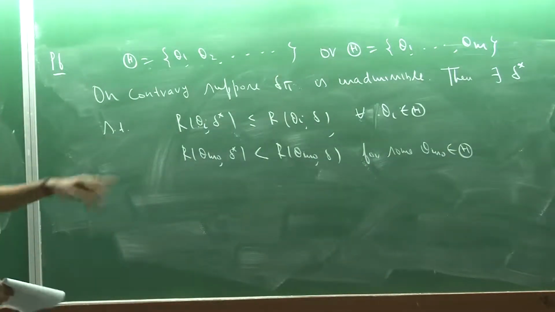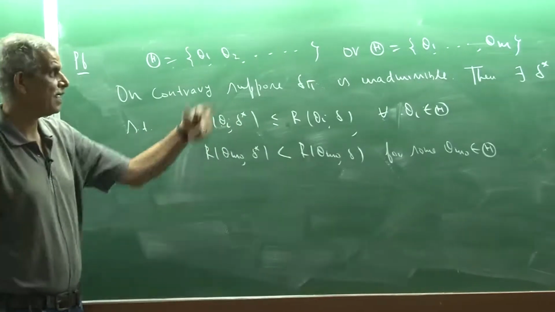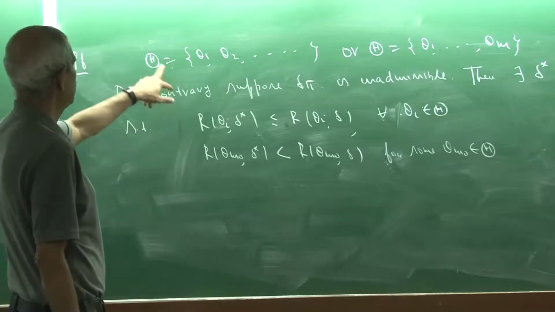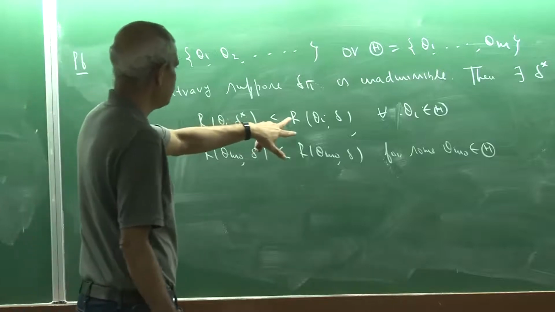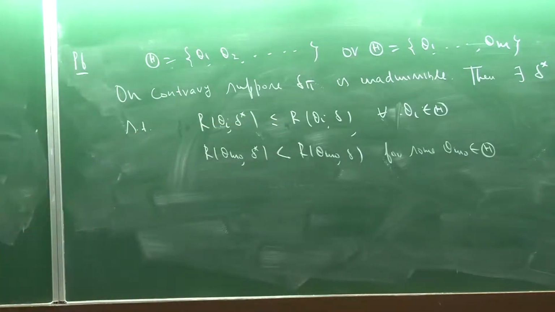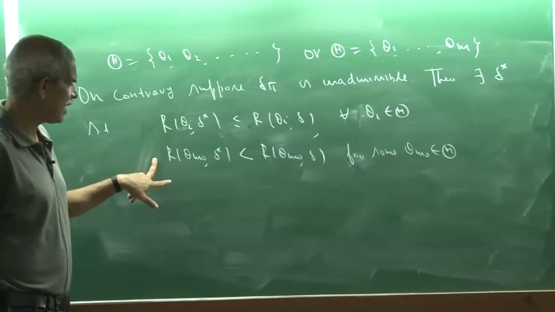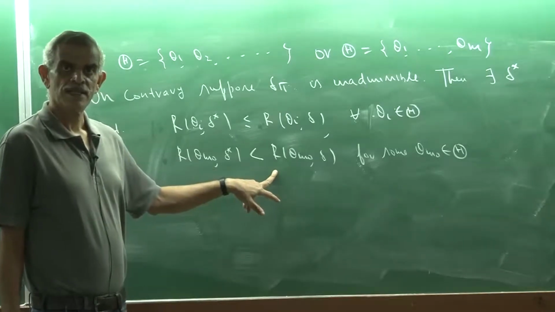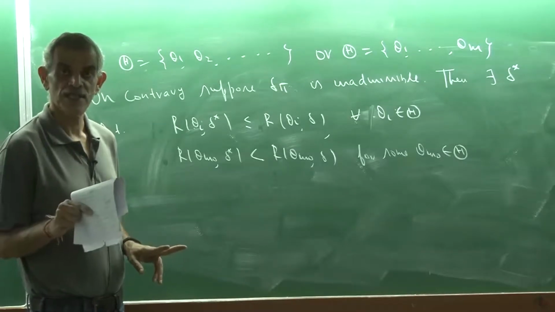So what is happening? I multiply here by pi of theta I, because the pi of theta I are probabilities, so they are non-negative. In fact, by assumption, pi theta is strictly positive. If I put pi theta m naught here, I get a strict inequality because pi theta m naught is greater than 0.